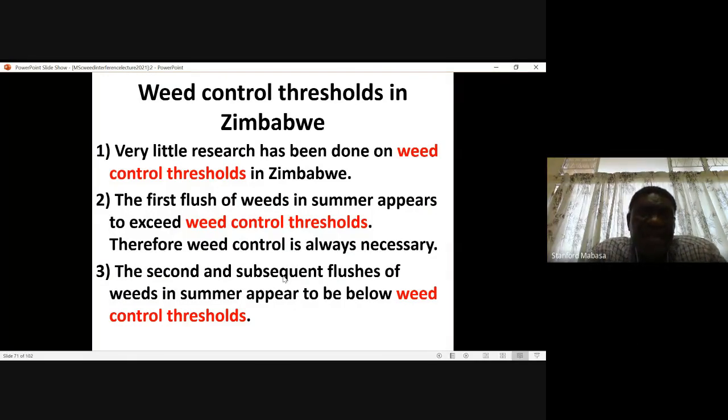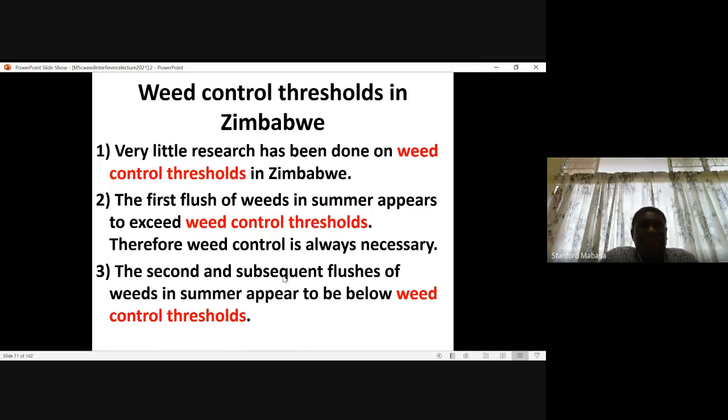Let me highlight something about weed control thresholds in Zimbabwe. Actually, there is very little research which has been done on weed control thresholds in Zimbabwe.